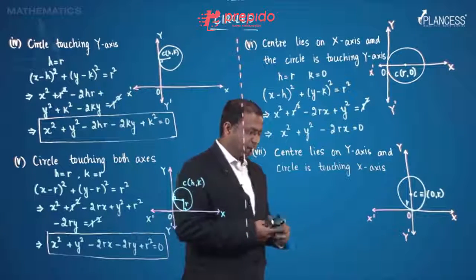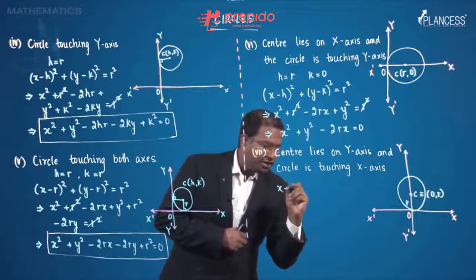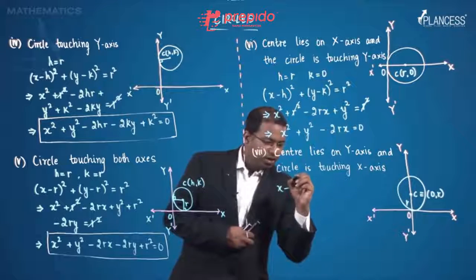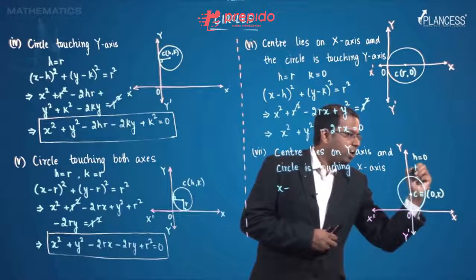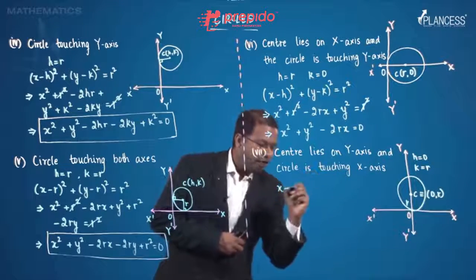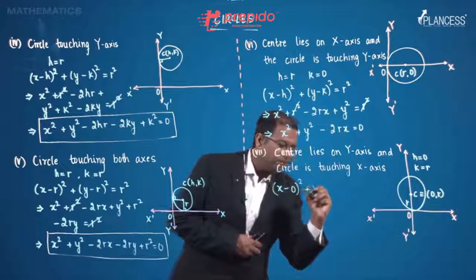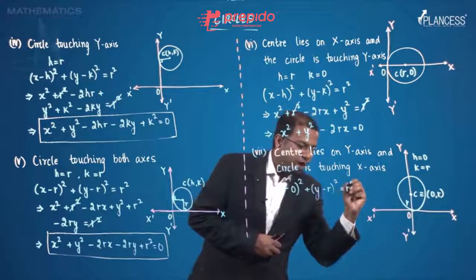So our equation becomes, let me straight away write, because from this we have h equal to 0, k equal to r, again r is nothing but the radius, so (x minus 0) whole square plus (y minus r) whole square equal to r square.